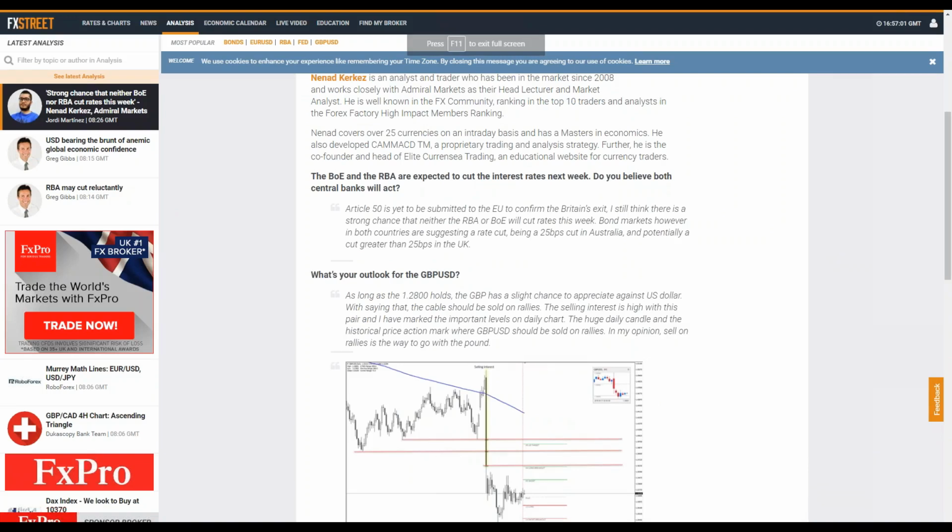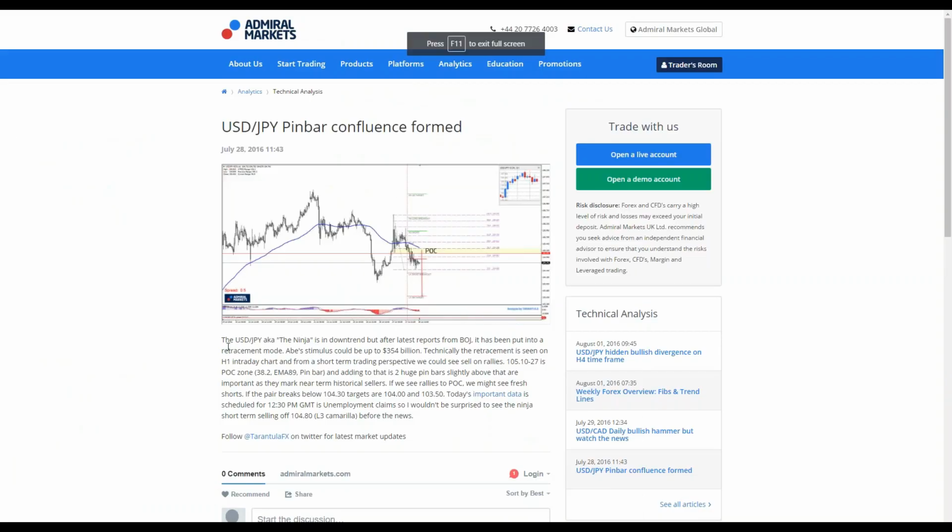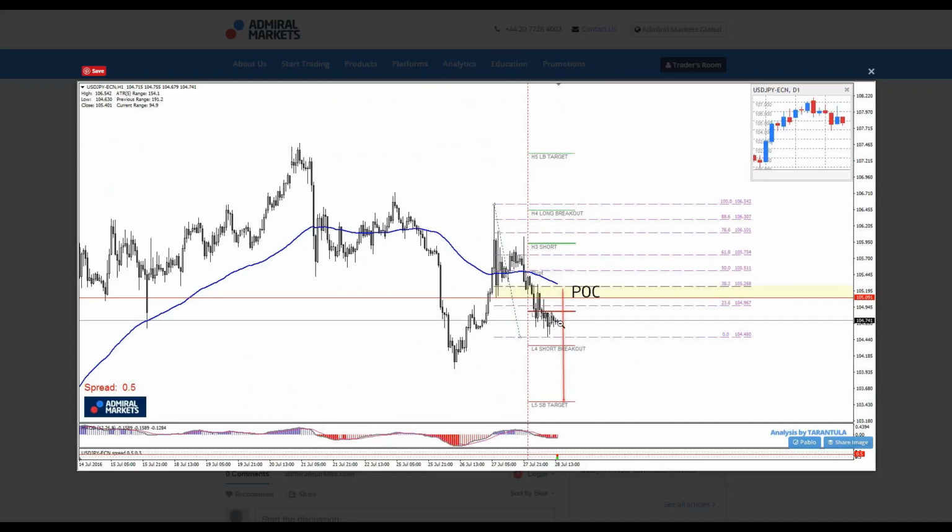It was a very good setup, especially because it was followed to the pip, and it provided us with a huge number of pips. A pin bar confluence formed, so this was the analysis of the month. Probably it was sold heavily and you could have made tons of pips.